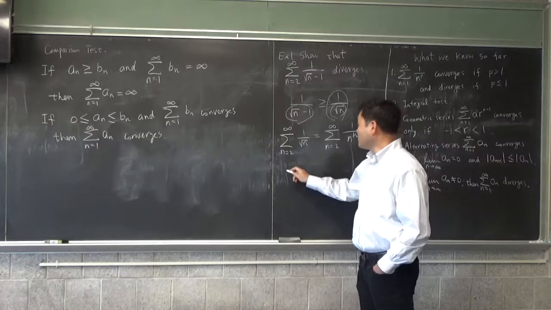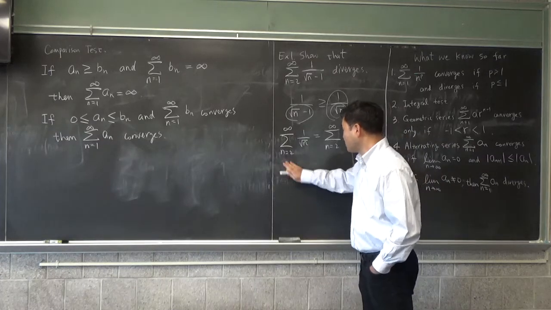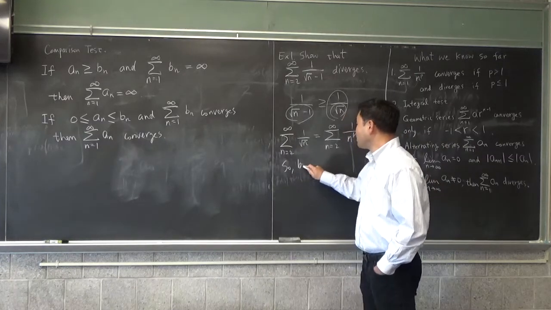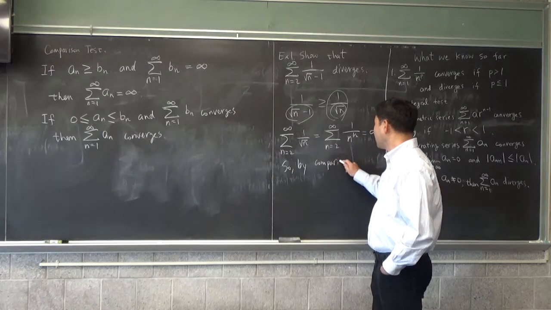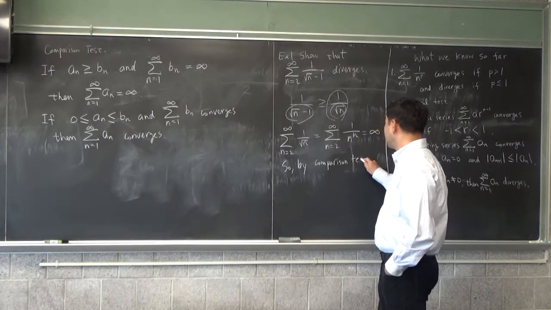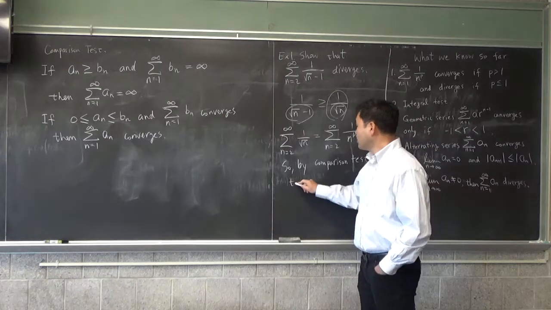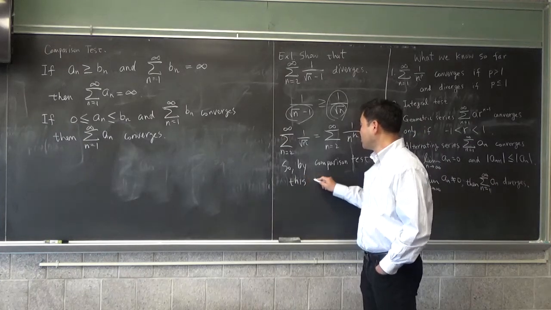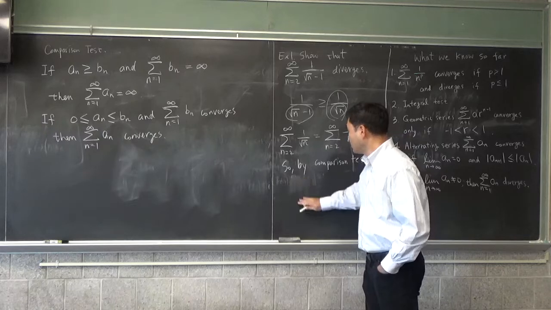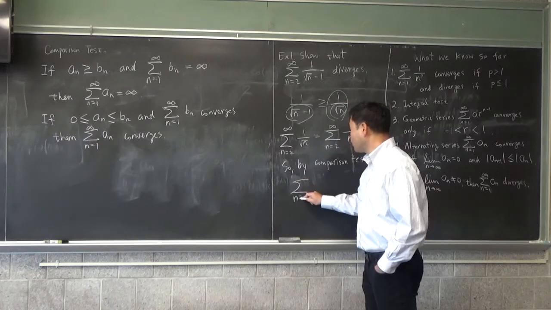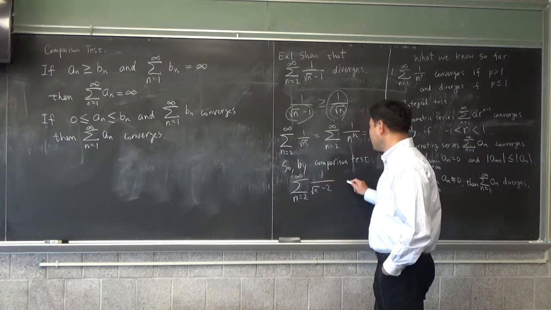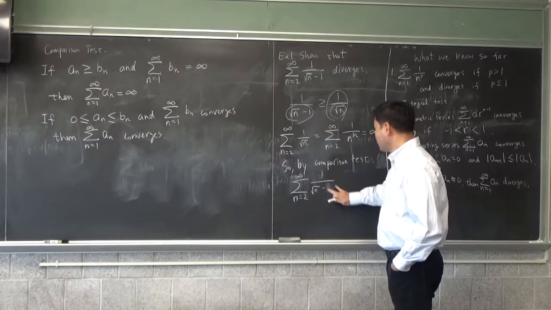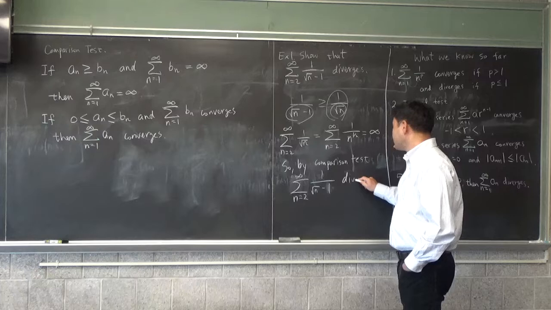So that means by the comparison test, the summation from n equals 2 to infinity of 1 over square root of n minus 2 minus 1 diverges.